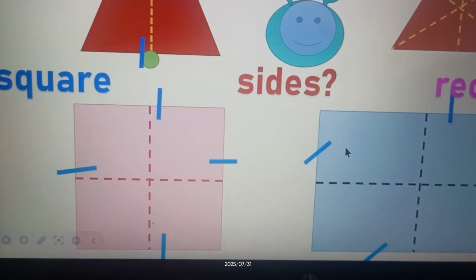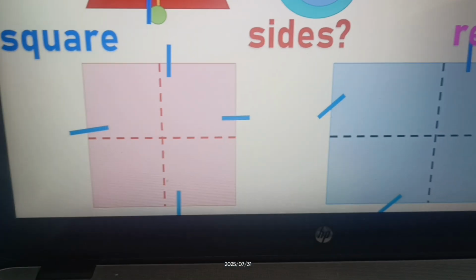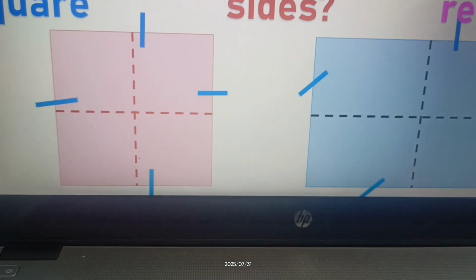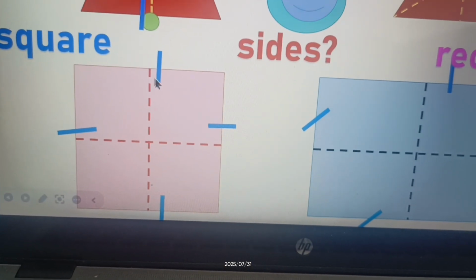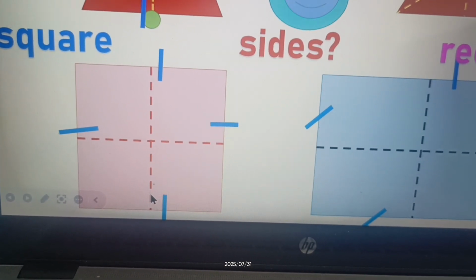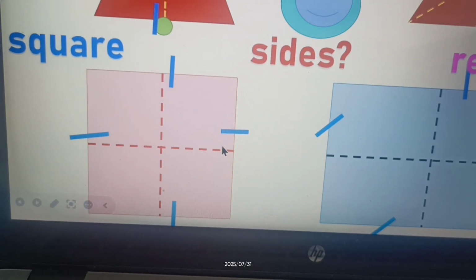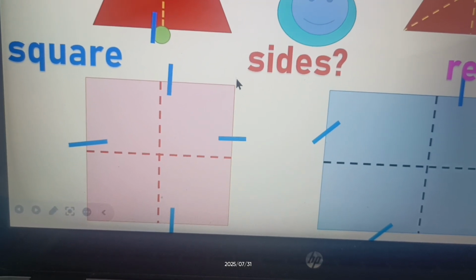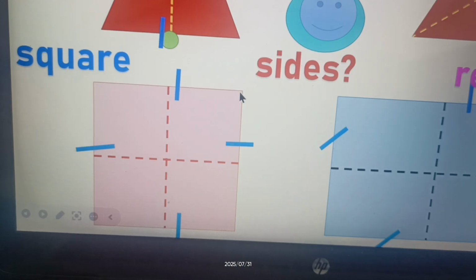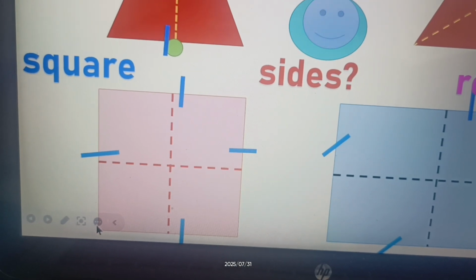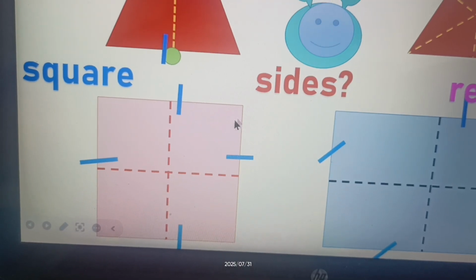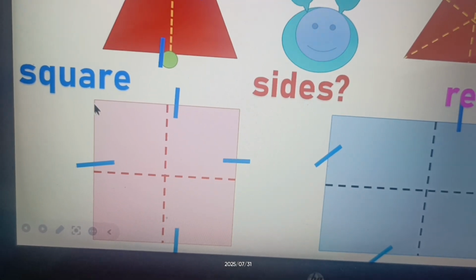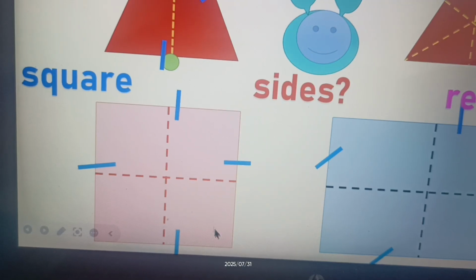But how many symmetrical lines are there in a square? Not 2. Actually, you can draw a vertical symmetrical line, a horizontal symmetrical line, and you can fold it along this diagonal also. You can draw a symmetrical line connecting these 2 points in the diagonal, and you can draw a symmetrical line with this other diagonal.